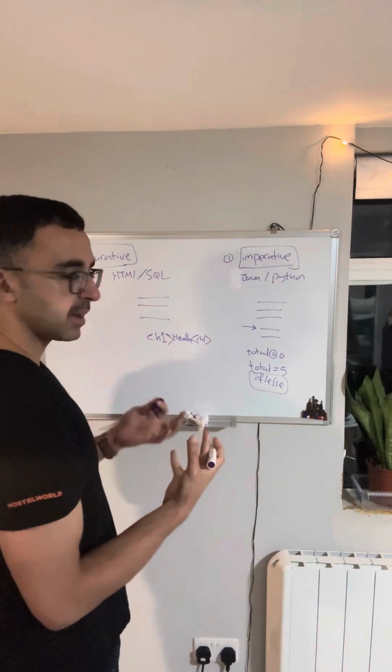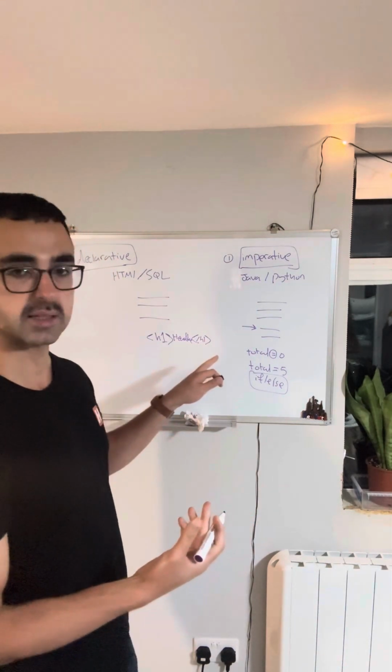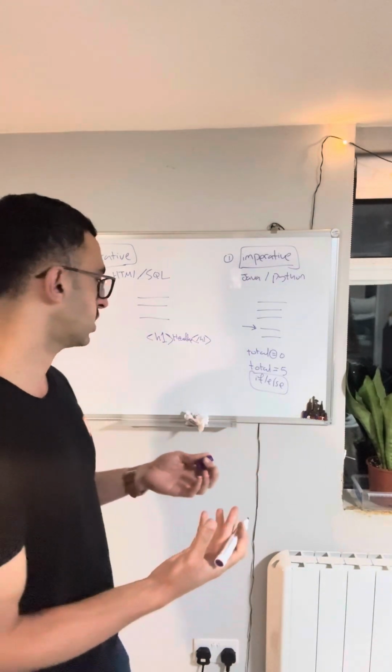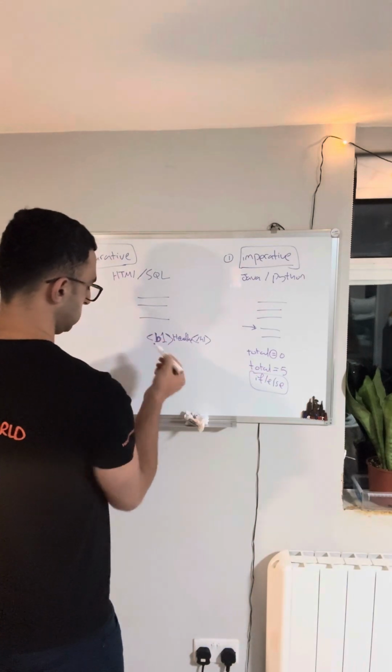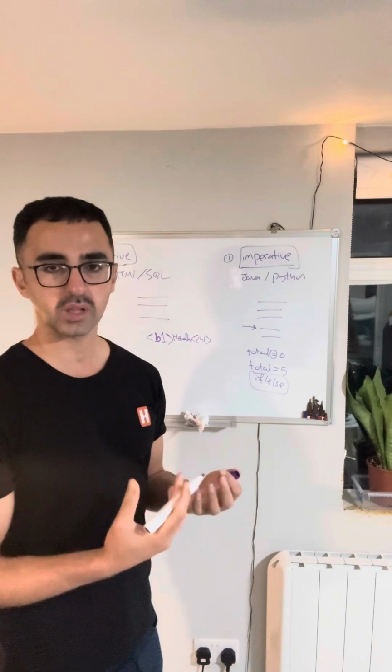And the underlying machine that runs this code understands the semantic of this code. But let's say we make an error, so we don't say H1, we say B1. This is a mistake, and the underlying machine will not understand it.